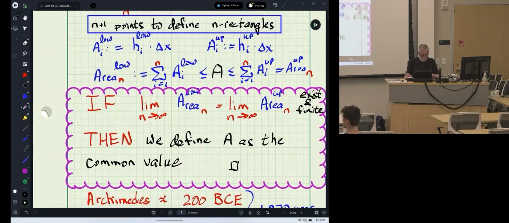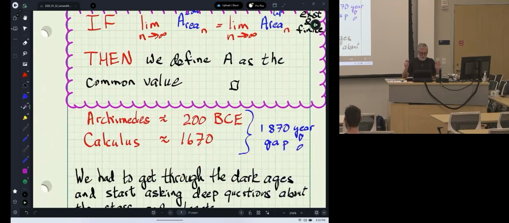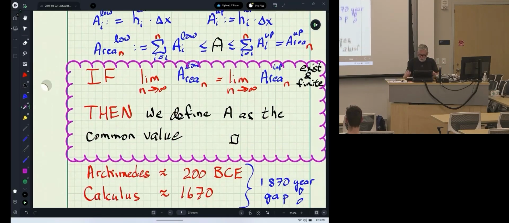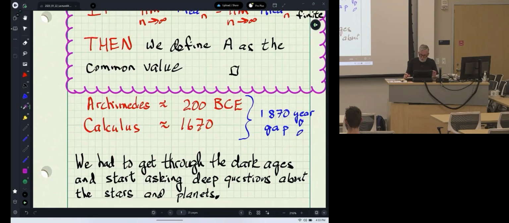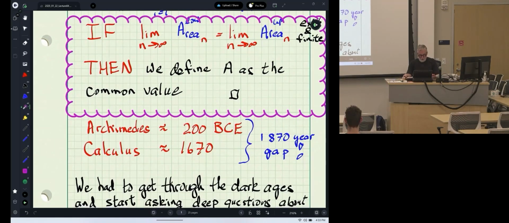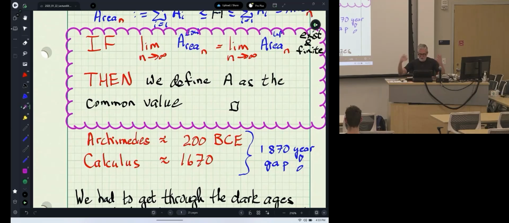It seems kind of wickedly strange to me that a technique that was created so clearly and written up so well in 200 BCE, we have almost a 1900-year gap before we start doing something serious with it again. Now, if you go back and look in some of the ancient Indian literature, you'll see that they were doing stuff along this line in like 1200 or something.